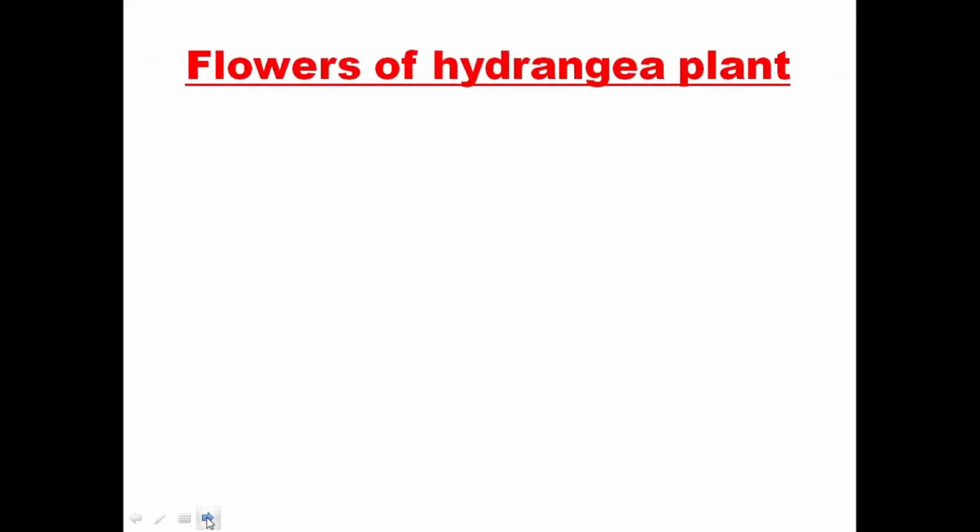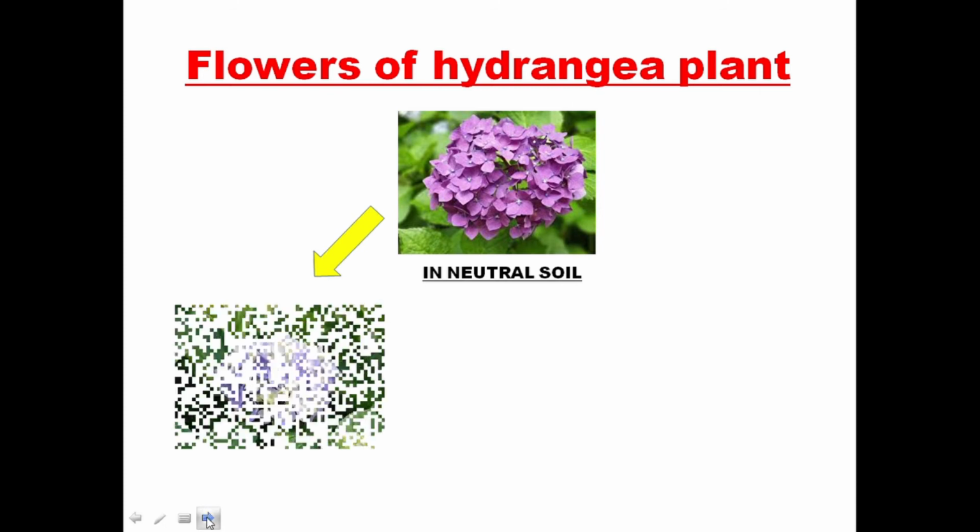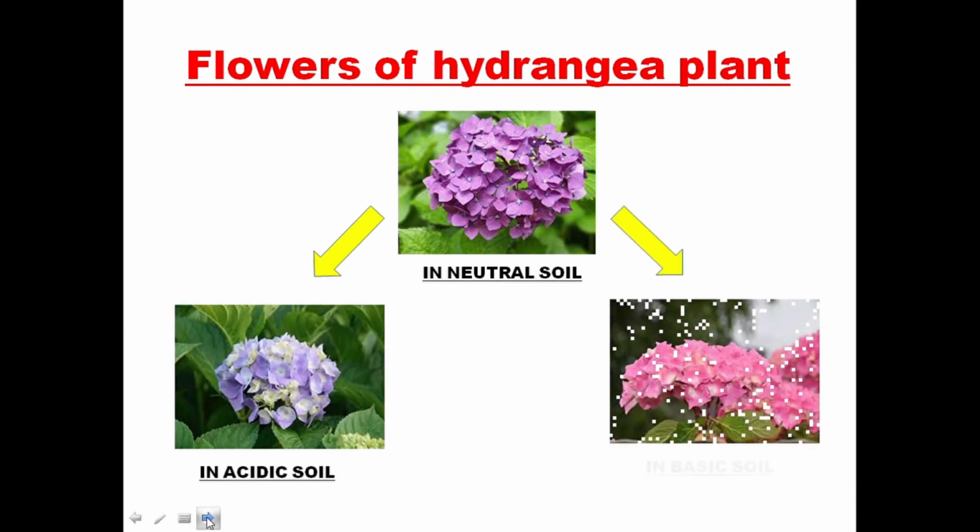So flowers like hydrangea can determine the acidity or basicity of the soil. These flowers become purple if the soil is neutral. It becomes blue if the soil is acidic, and pink if the soil is basic.